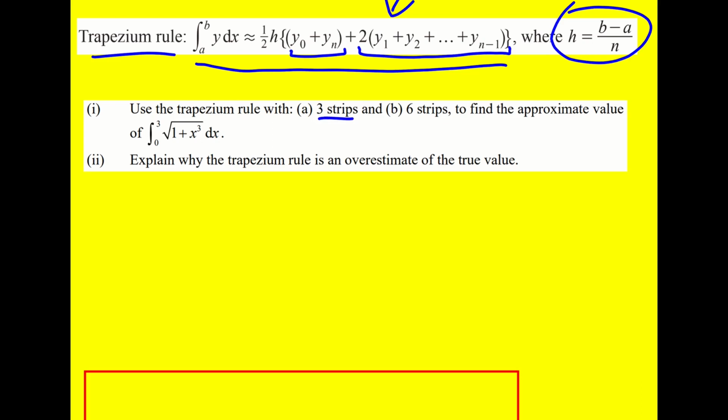That's exactly the same as saying 3 intervals or 3 trapezia. So I've got my function, not actually sure what it looks like, and I'm going to have 4 different x values, but these 3 trapezia that go with it.